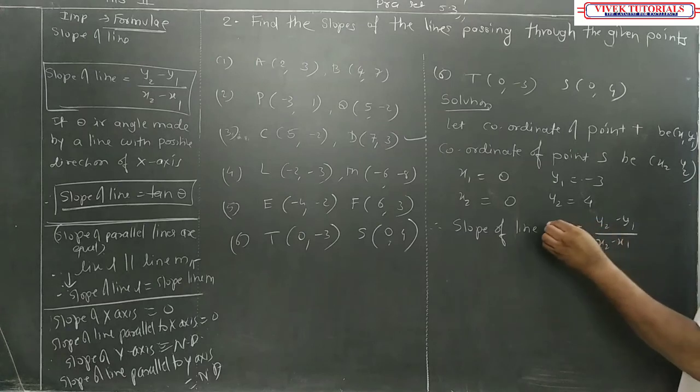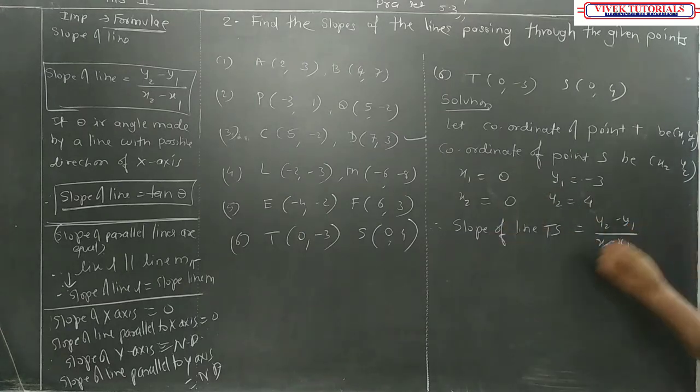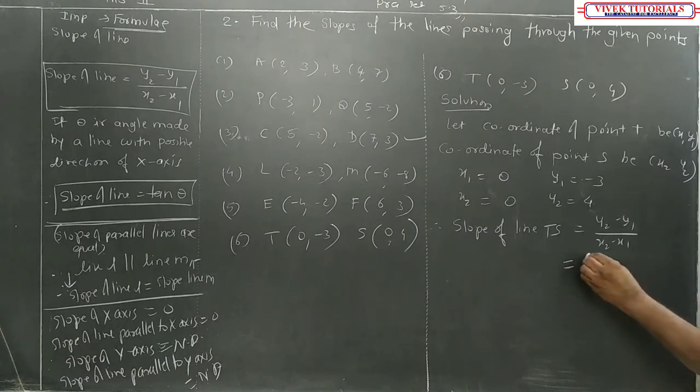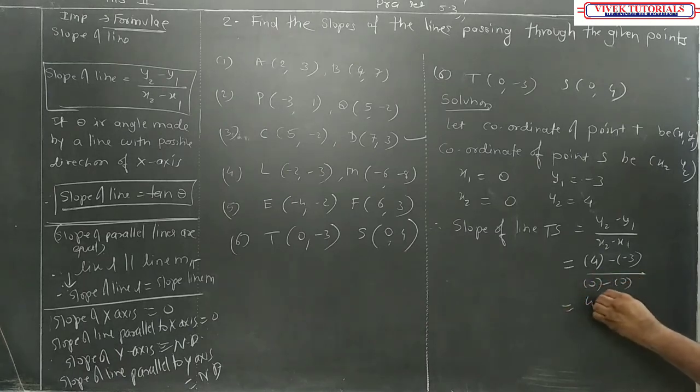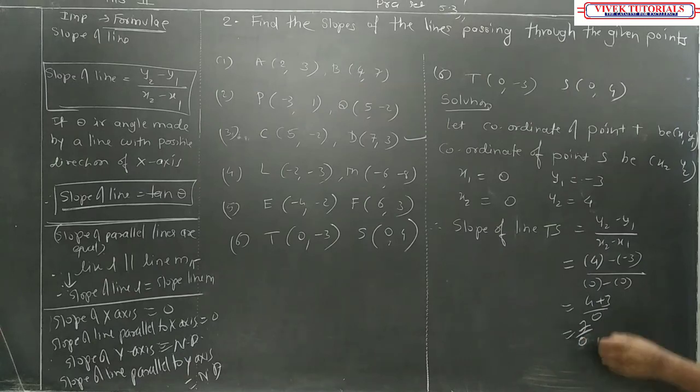So the slope of line TS is equal to (y2 minus y1) upon (x2 minus x1). y2 is 4 minus -3, here 0 minus 0. 4 plus 3 upon 0 is equal to 7 upon 0. And I told you when there is 0 in the denominator, we cannot find out the value of it, which is called non-defined.